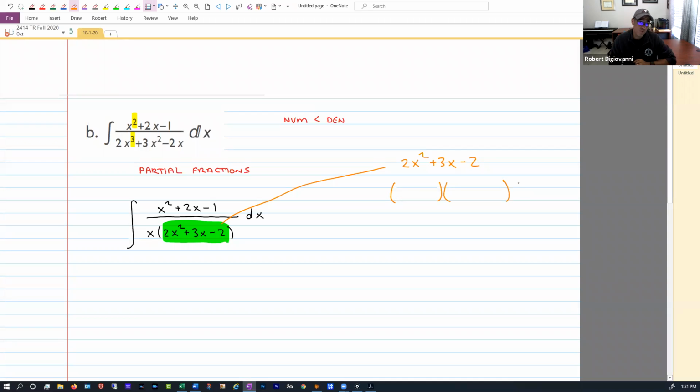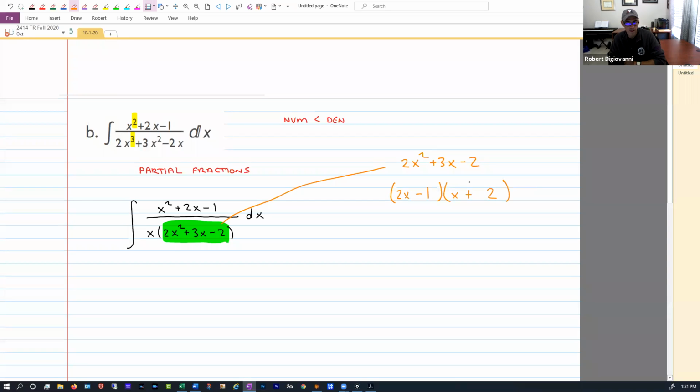A lot of this is going to depend on your comfort level with factoring. You're all Cal 2 students, so you should have some level of comfort with factoring trinomials. This one, I believe it does factor. Let me see here. I believe that's the factorization of it.